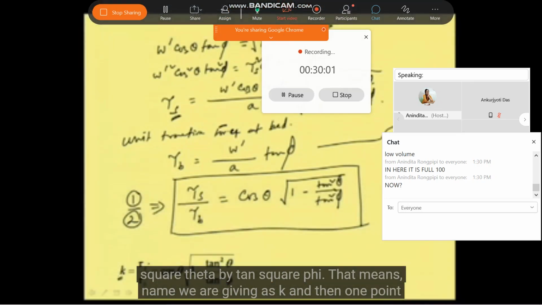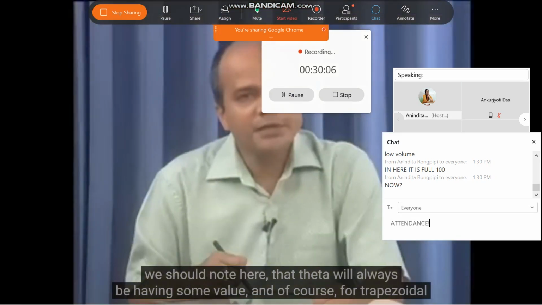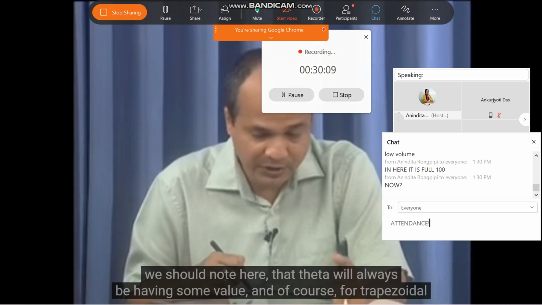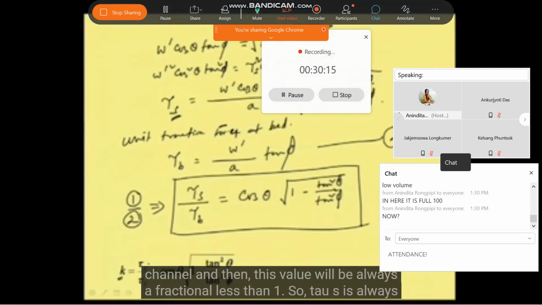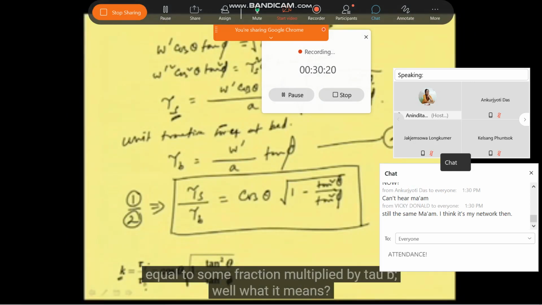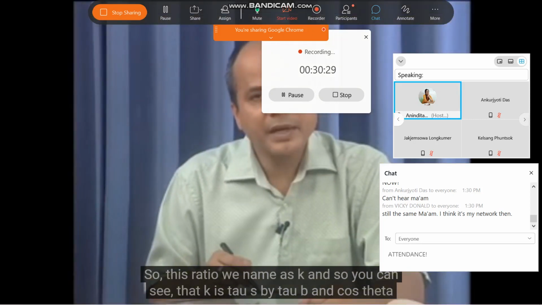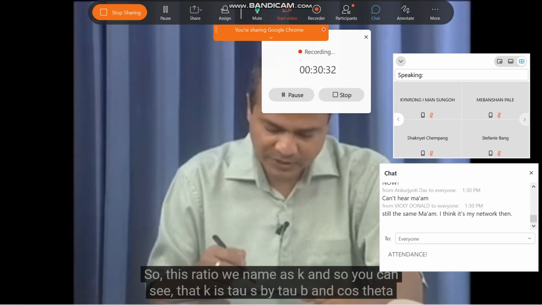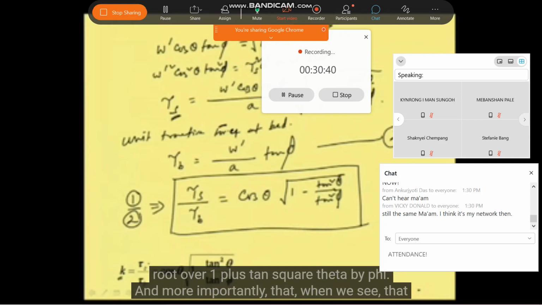One point we should note here is that theta will always have some value, of course for a trapezoidal channel, and this value will always be a fraction, less than 1. So tau S is always equal to some fraction multiplied by tau B. So this ratio we name K, K is tau S by tau B, equal to cos theta root over 1 minus tan square theta by tan square phi.